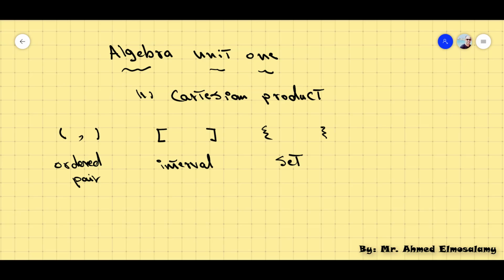So what is the difference between the first one, the second one, and the third one? The first one is an ordered pair, like 1 and 2. Here, 1 to 2, and here, 1 and 2. And a set, what is the meaning of set 1 and 2? That means just number 1 and number 2.